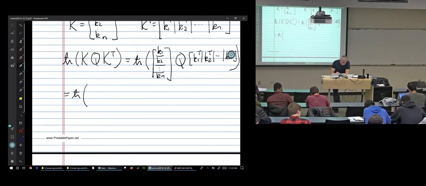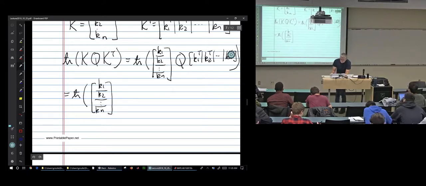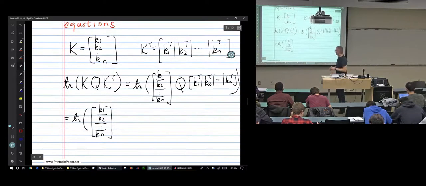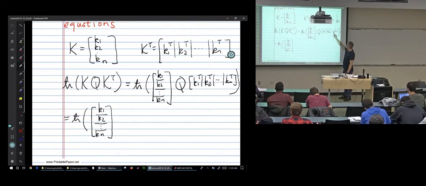Okay, let me do one more step. K1, K2, dot, dot, dot, Kn. Now what do I get when I multiply Q times a matrix divided up into its columns? It's just Q times the first column, Q times the second column, okay?